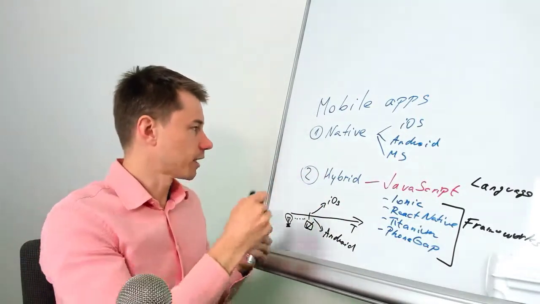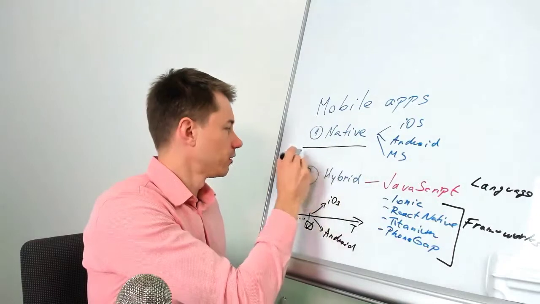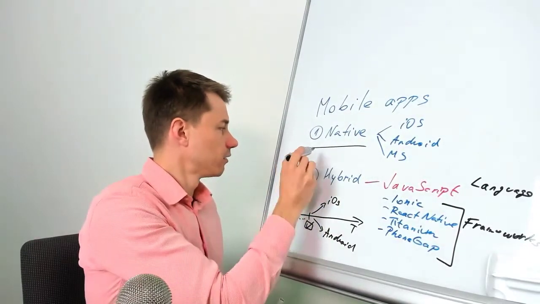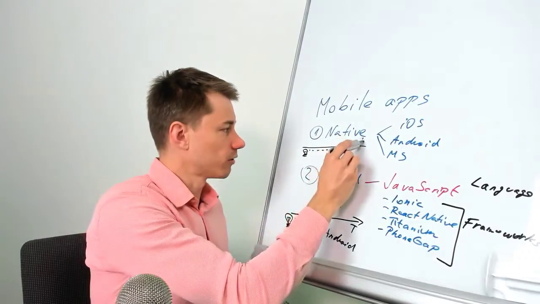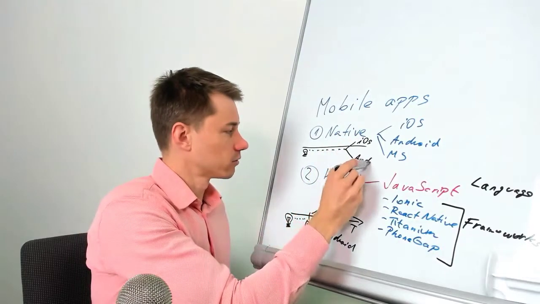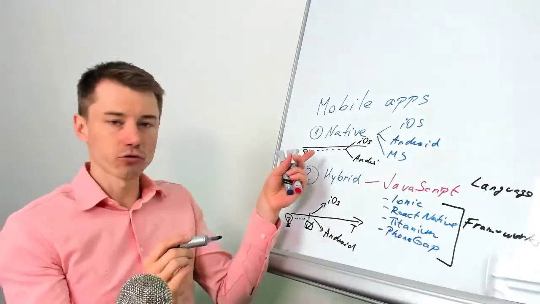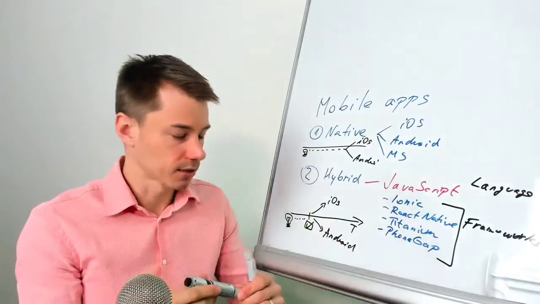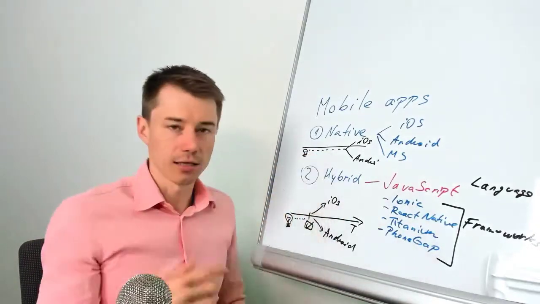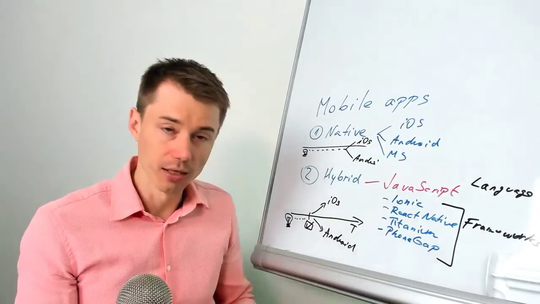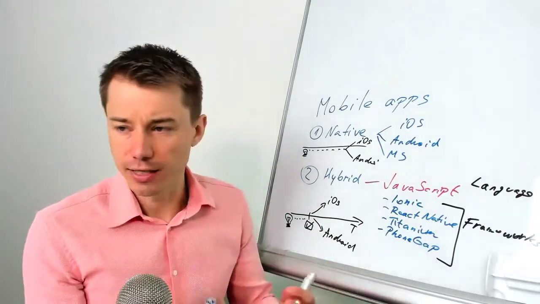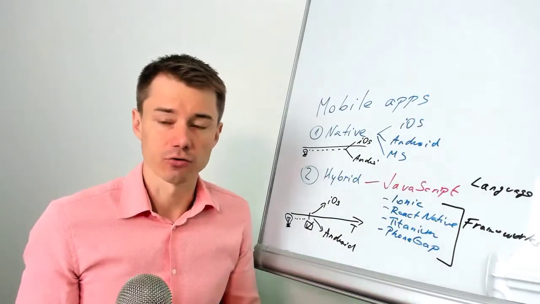So here the timeline would look like this: you have an idea, you start building the app, and then you ship it either to iOS or to Android, because you already started writing the application in the native language. And now what is the native language? For each platform, the native language is slightly different.